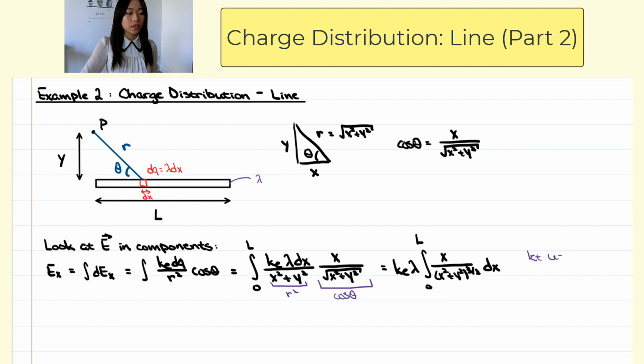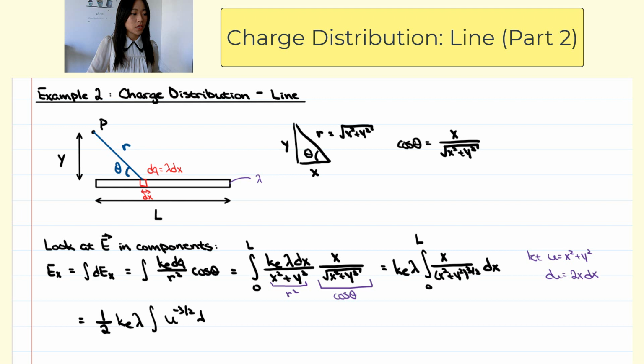Let u equal x squared plus y squared, so du is 2x dx. So we borrow a 2 from du, so at the front I have to divide by 2, times Coulomb's constant times the density times the integral of u to the power of negative 3 over 2 du, with the integral from x equals 0 to x equals L.